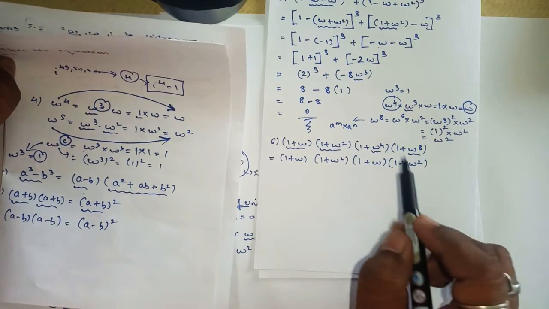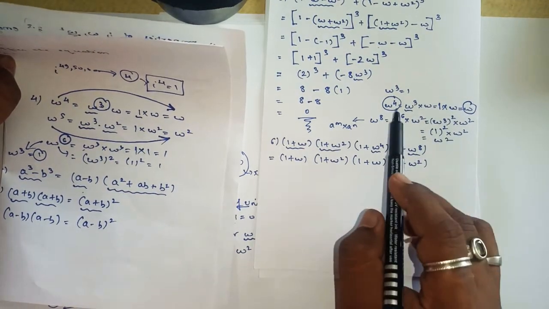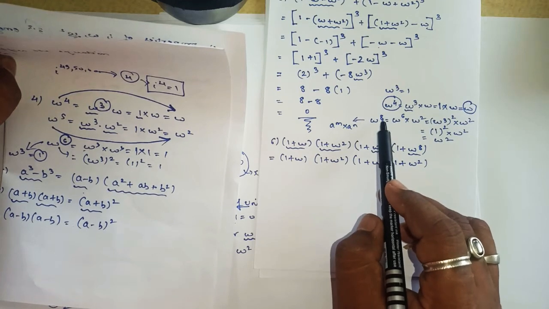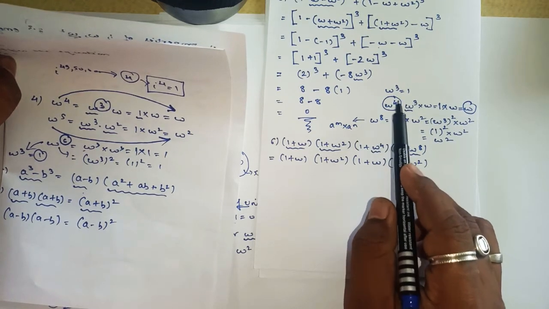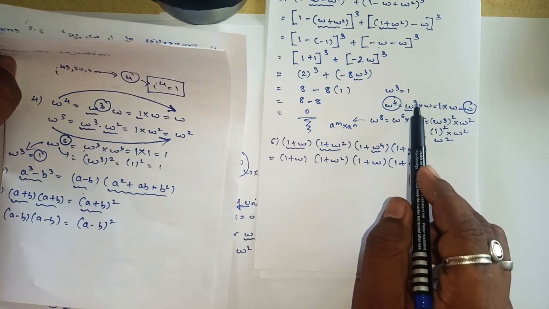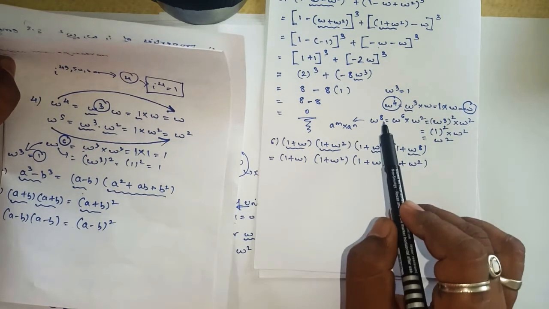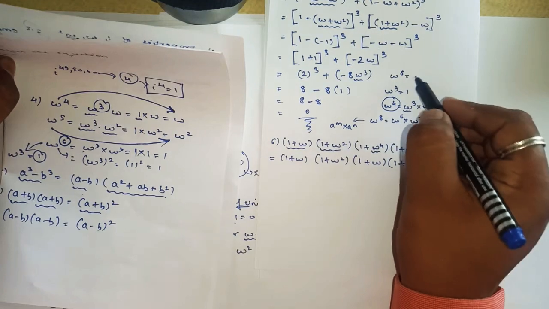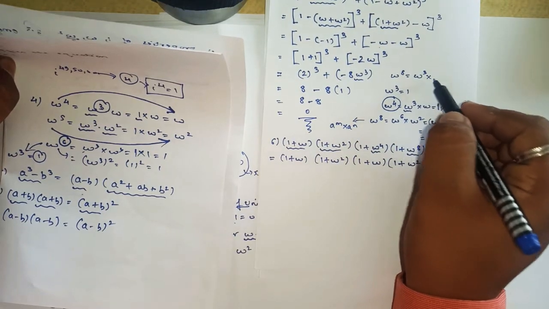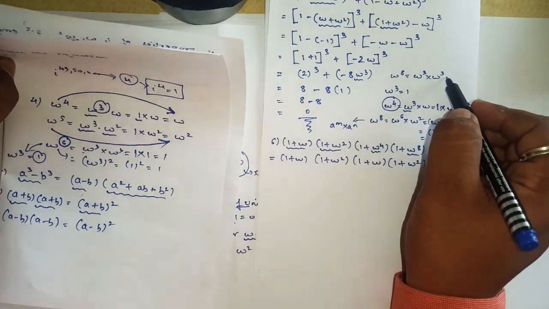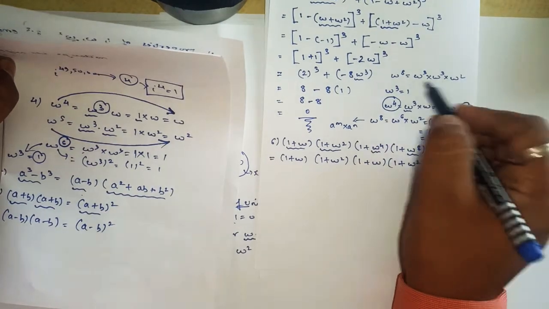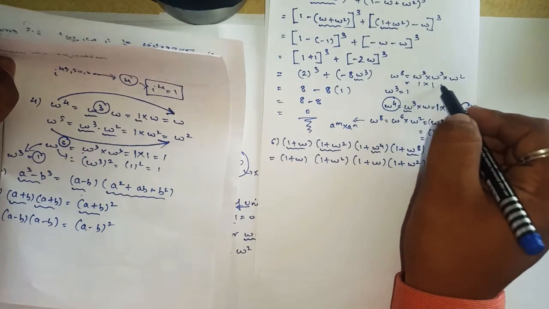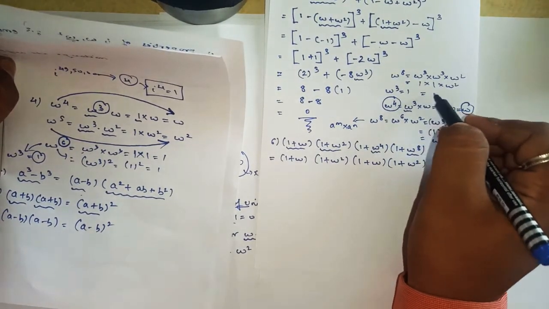I hope you all understood this step. Always and always, whenever you see the power more than 3, try to break the power with respect to 3. So w raised to 8 you can write like this also, w cube into w cube into w square. So this will be 1 into 1 into w square, so finally you will get w square only.